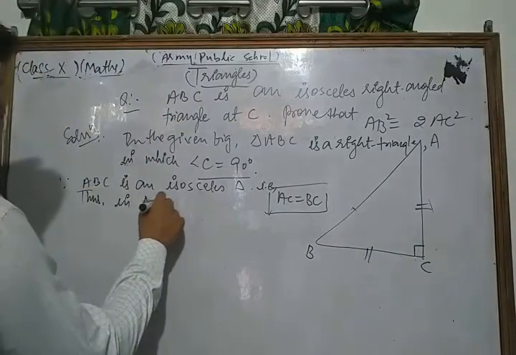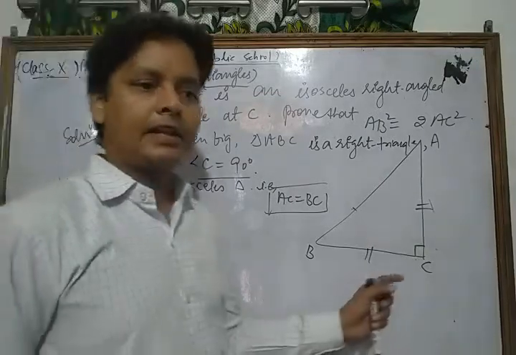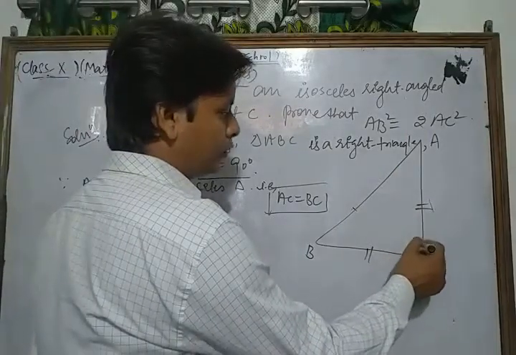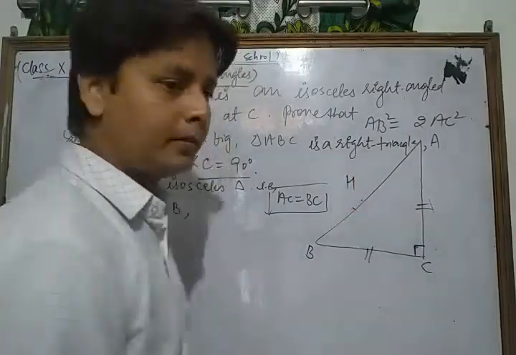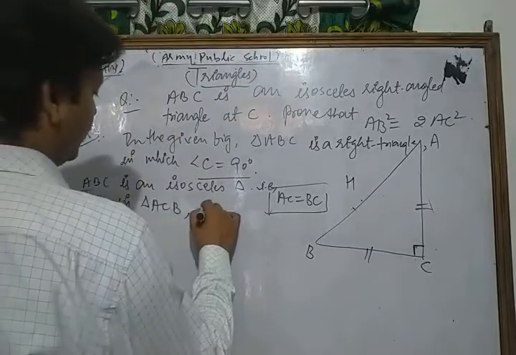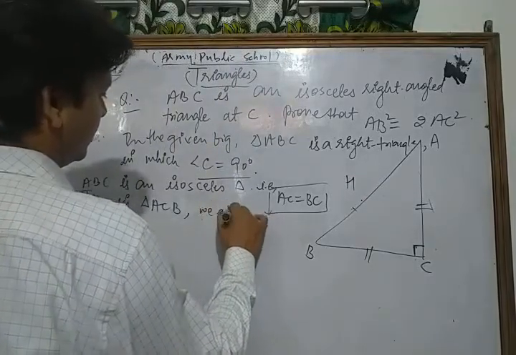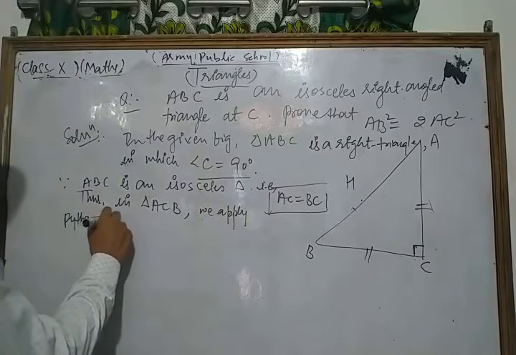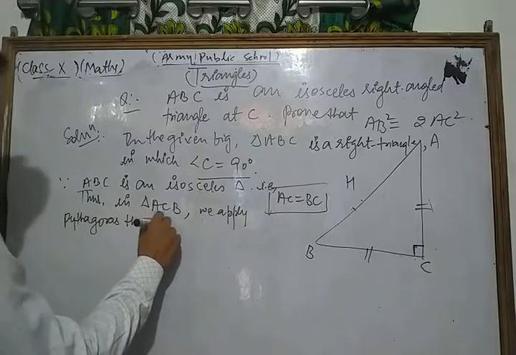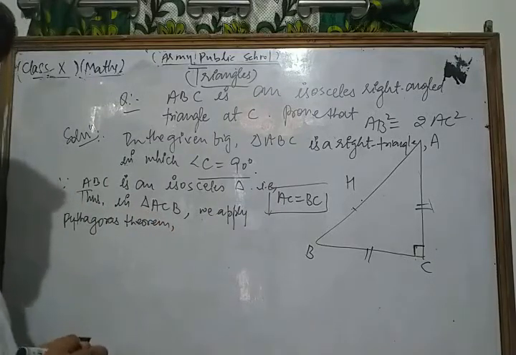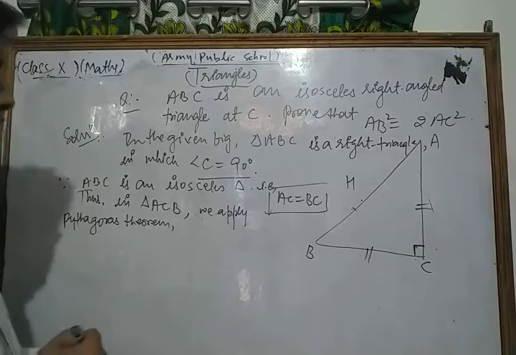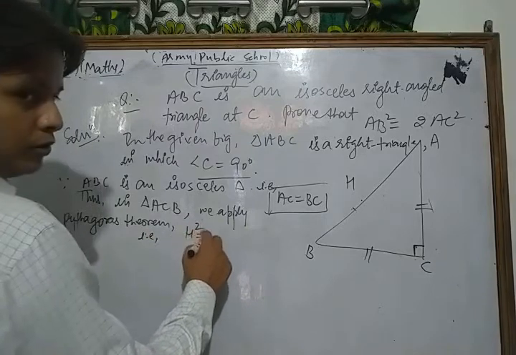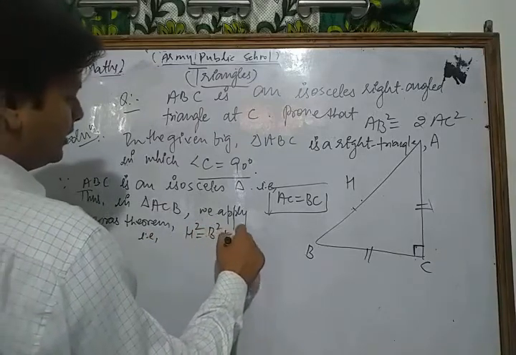Now, in triangle ACB, apply the Pythagoras theorem. This is the right angle, and the side opposite to the right angle is the hypotenuse. According to the Pythagoras theorem, hypotenuse square is equal to base square plus perpendicular square.